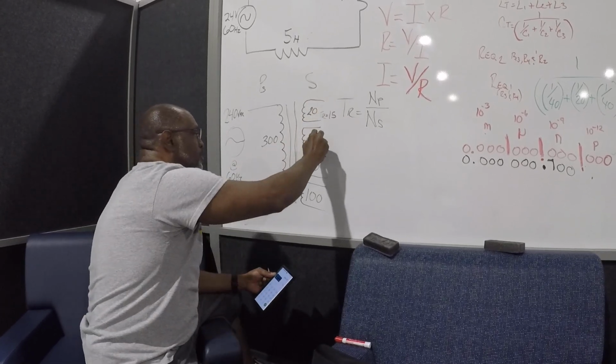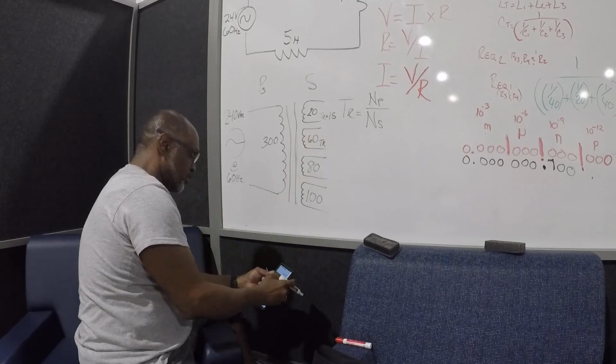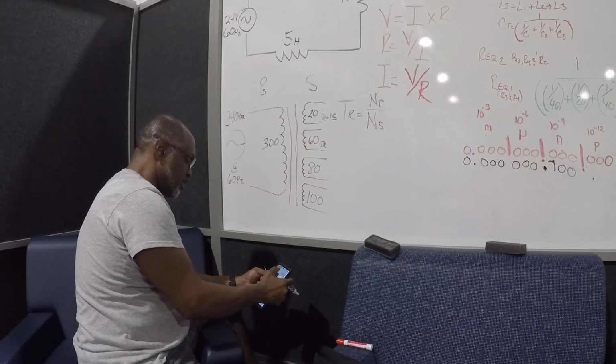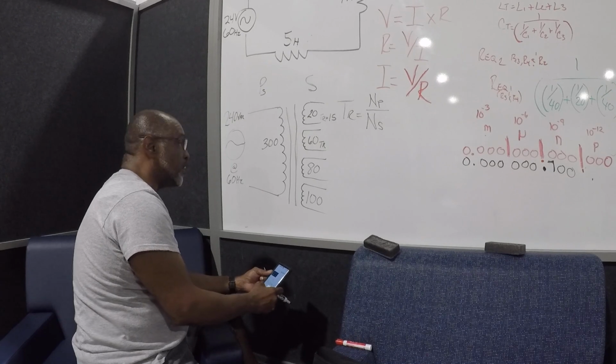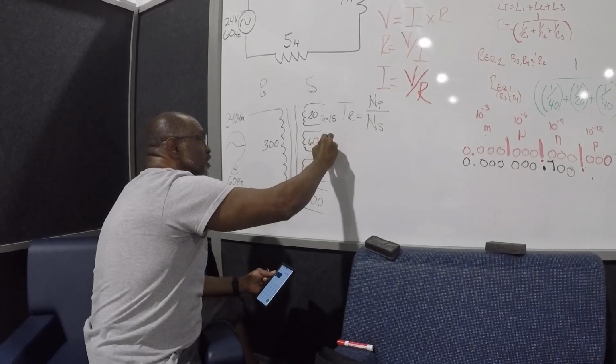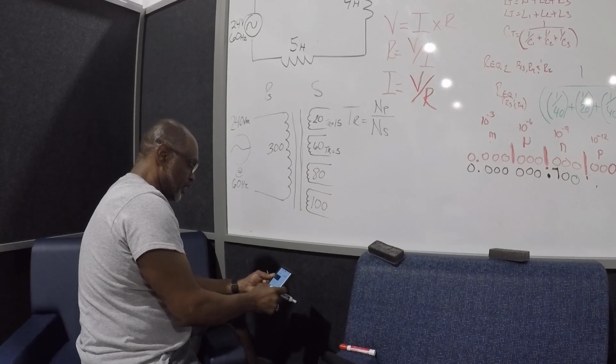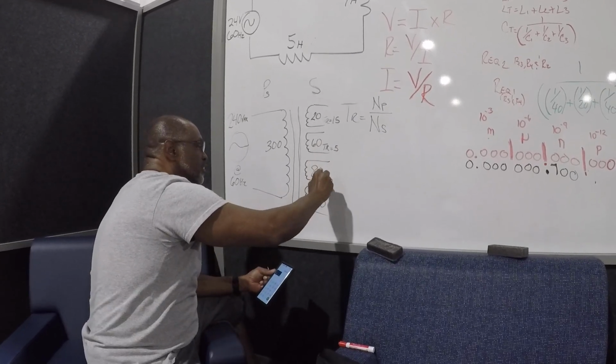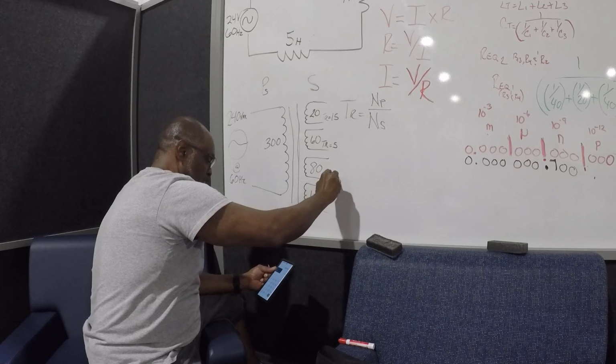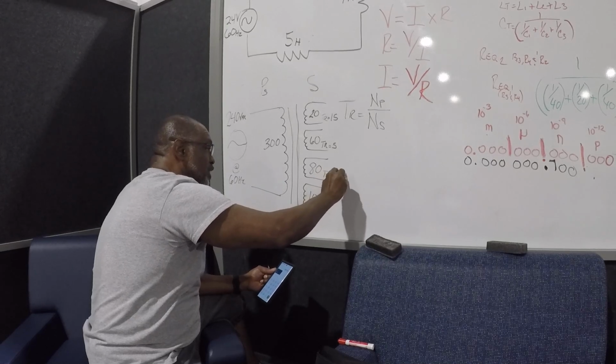Okay. So we're going to do the same thing here. Turn ratio, 300 divided by 60. That's equal to 5. And 300 divided by 80 is 3.75.